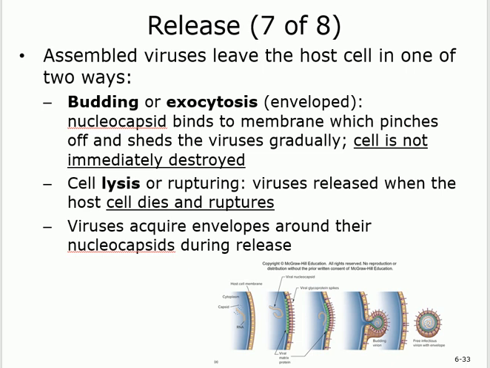So you're going to move and you're being ejected out. If that happens, the cell is intact. The cell is not going to die. Okay? So I occupied you. I will leave you alive. I'm not going to kill you. I'll take over, make copies of me, and then I leave. So the cell will stay alive. It's not going to die.